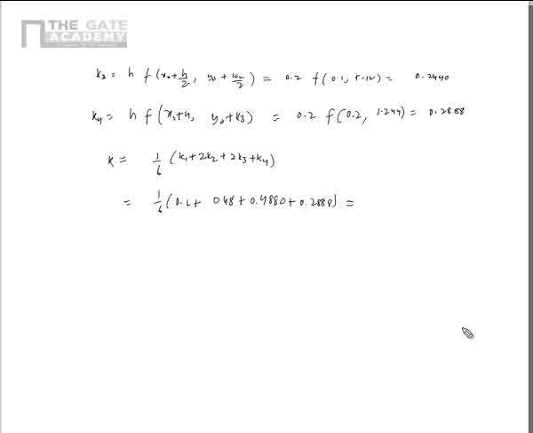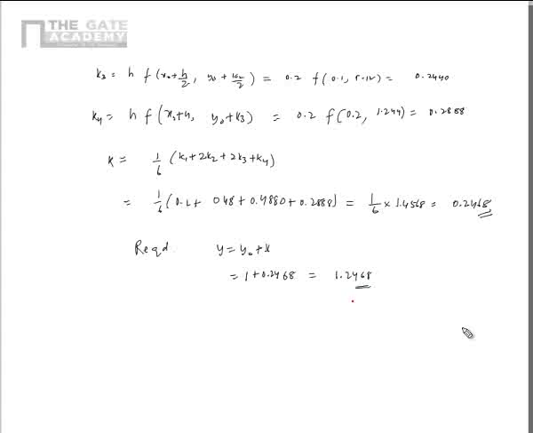So this value comes out to be 1 by 6 into 1.4768, which is 0.2461. So this is the value. So the required approximated value is y equal to y naught plus k. Y naught is 1 plus 0.2468, so this value comes out to 1.2468.